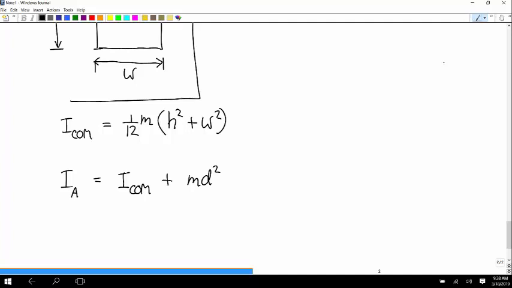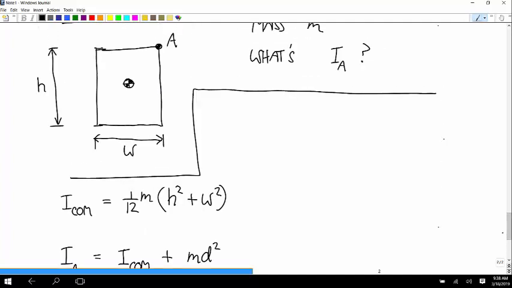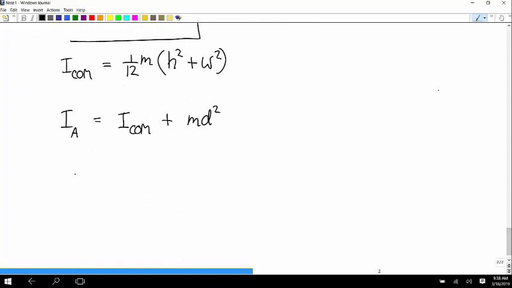What's d squared in this case? So we're talking about this distance d. Half of each of those, right? So yeah, d squared is equal to w over 2 squared plus h over 2 squared.